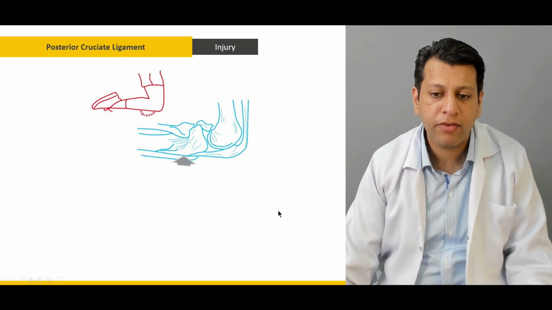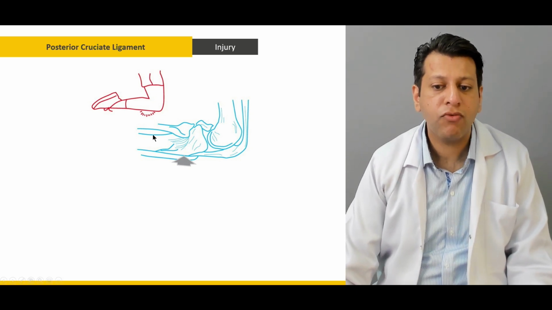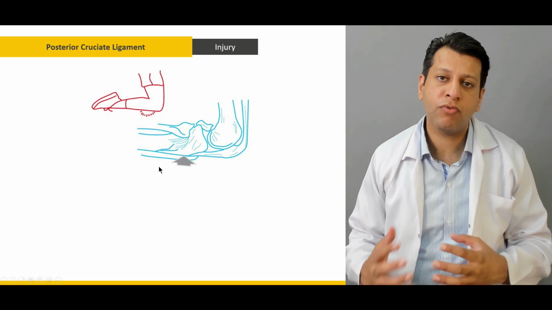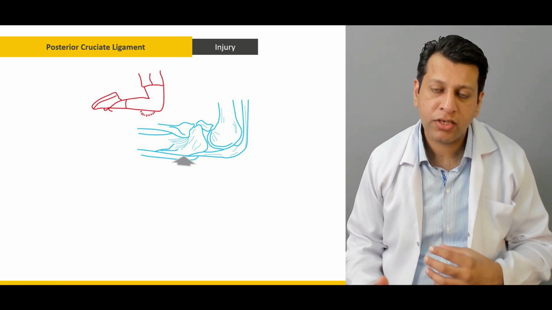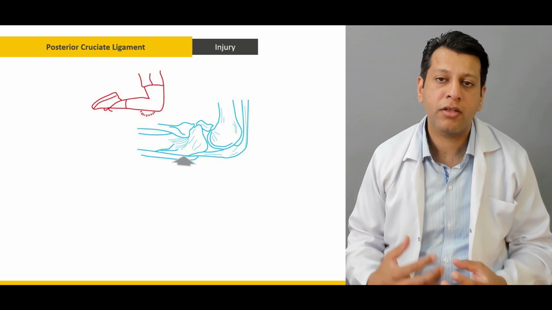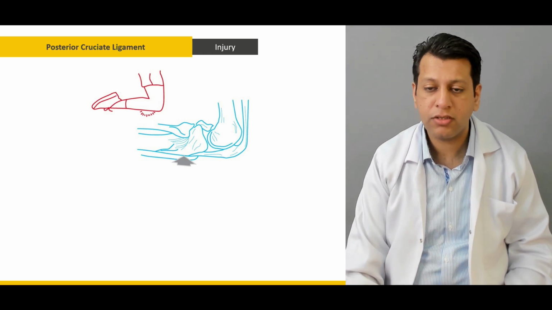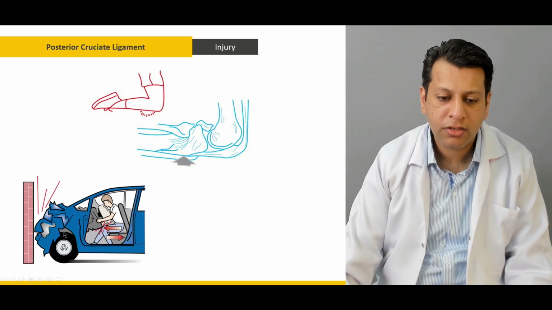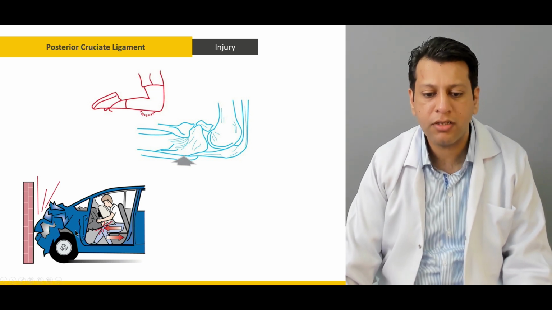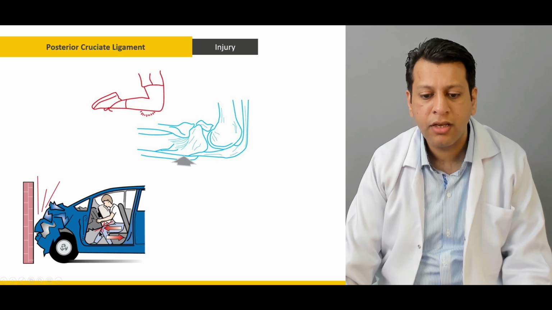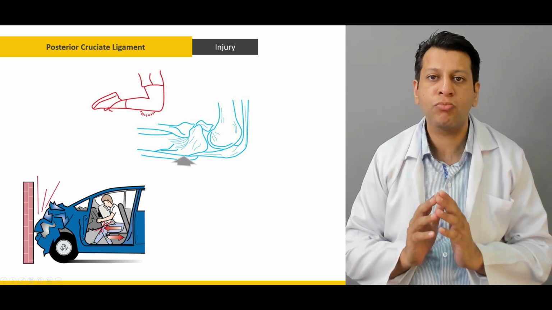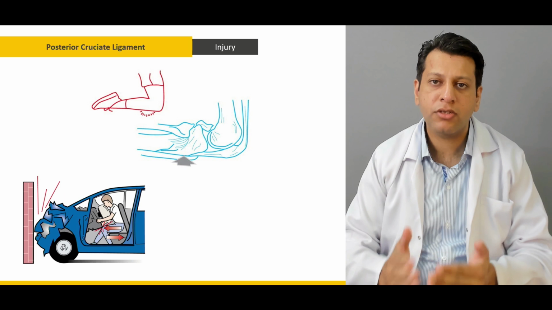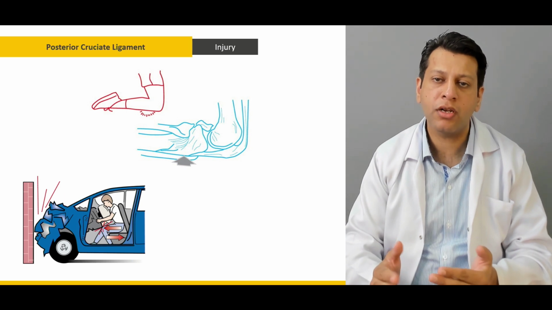So if there is a hyperflexion injury, for example a person falling with the foot in plantar flexion or equinus, or the classic dashboard injury seen in car crashes, where there is sudden deceleration and the dashboard hits the knee, the force is mostly anterior and pushes the tibia posteriorly.